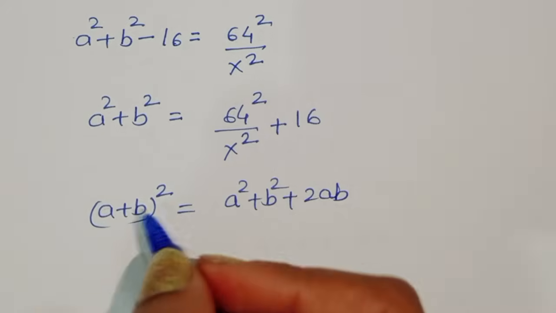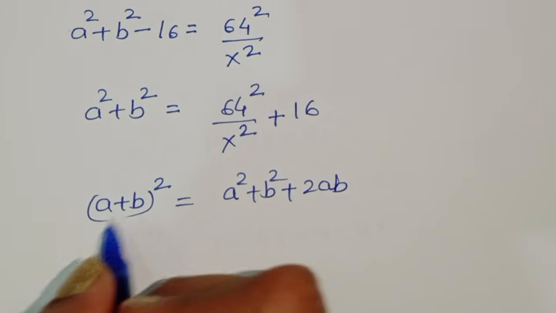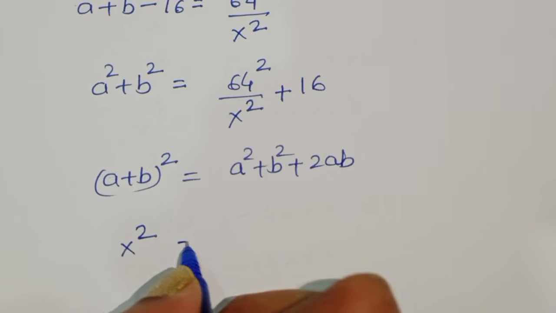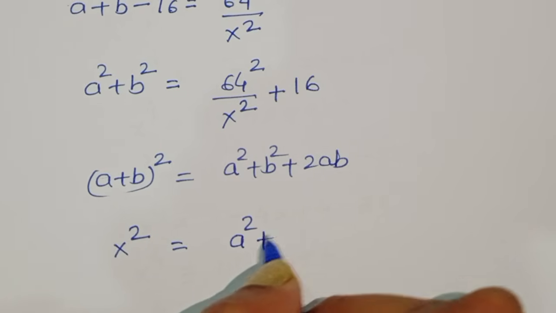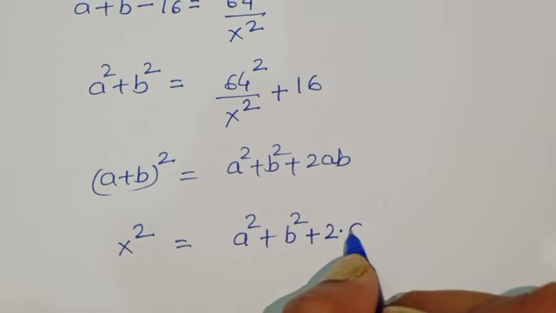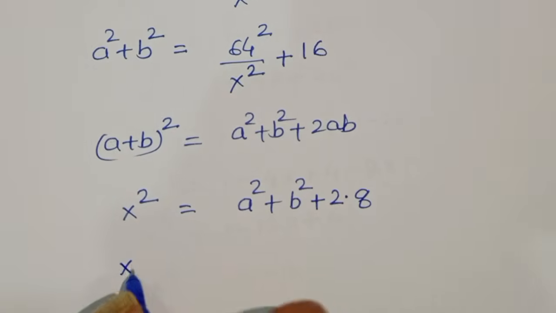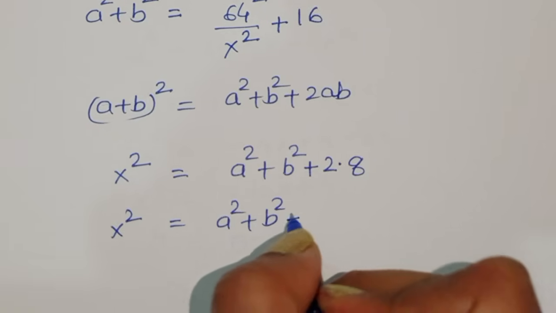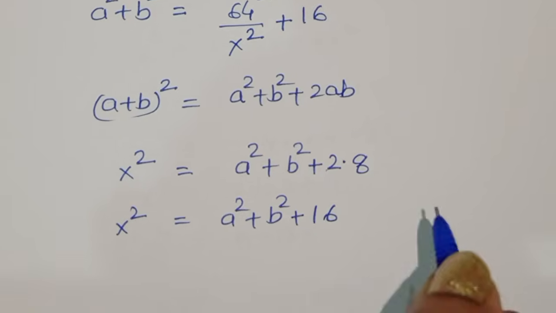So we can say the value of x square. We are already considering a plus b is equal to x. So x square is equal to a square plus b square plus 2 times ab. ab is 8, so x square is equal to a square plus b square plus 16, right?